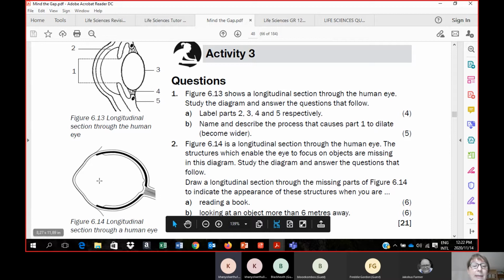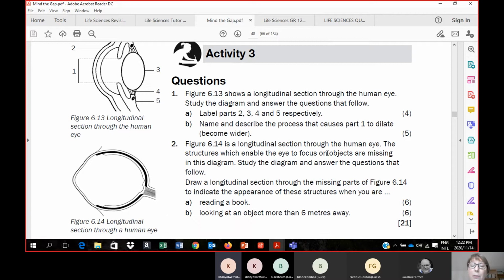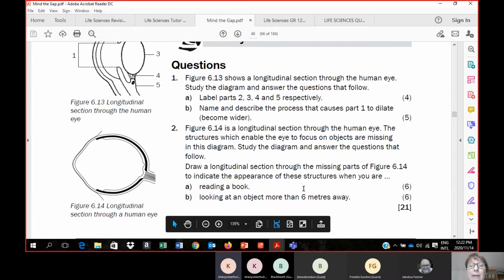It says, Figure 6.14 is a longitudinal section through a human eye. The structures which enable the eye to focus on objects are missing. So in other words, they haven't drawn the lens, the ciliary body and the ciliary muscle, or the suspensory ligaments. Then it says, draw a longitudinal section through the missing parts of this figure to indicate the appearance of these structures when you are A, reading a book, and B, looking at an object more than 6 meters away.